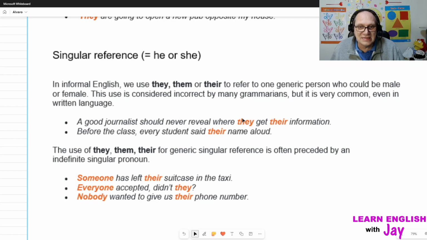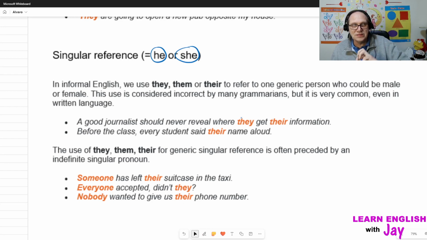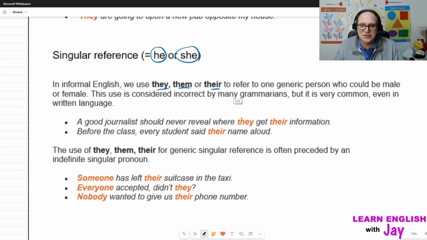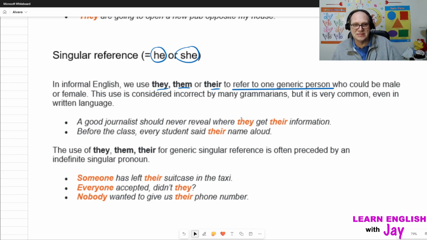You can also have a singular reference. Singular reference normally refers to he or she. Now, when we're doing spoken English, we can use they, them, and their to refer to one generic person and one person only, be it male or female.